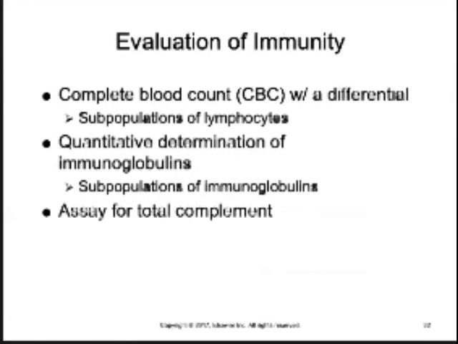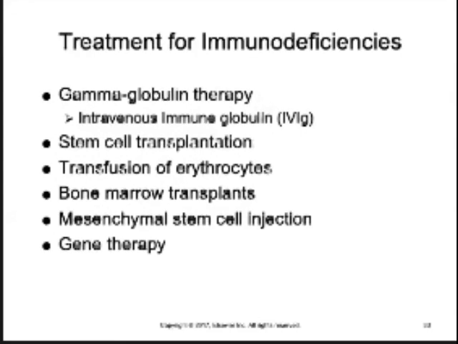So we ask the question, what's your eosinophil count? What's your basophil count? What's your neutrophil count? What are your lymphocyte counts and macrophage and monocyte counts? We can also do a quantitative determination of immunoglobulins, and an assay for total complement in order to see how your function is, okay.